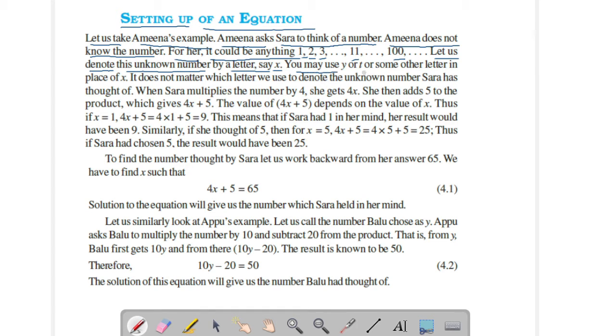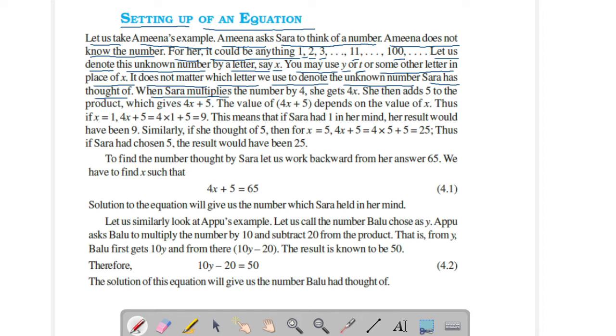You may use y or t or some other letter in place of x. It does not matter which letter we use to denote the unknown number Sarah has thought of.